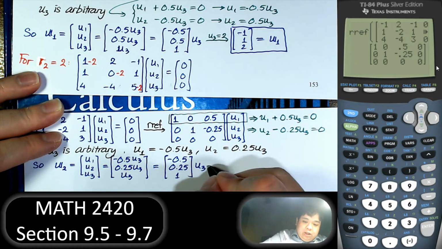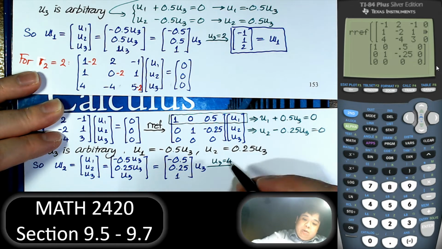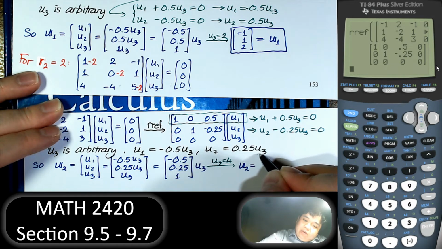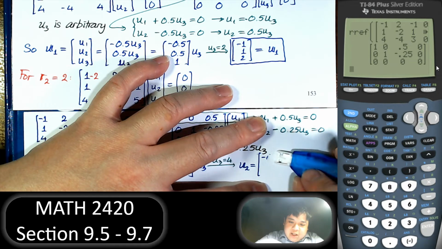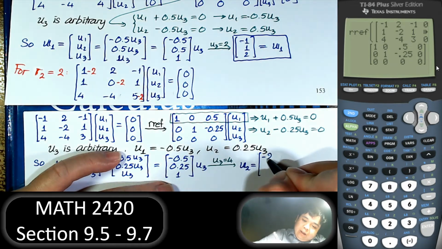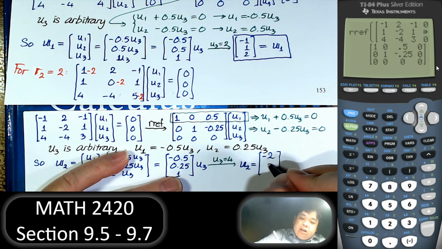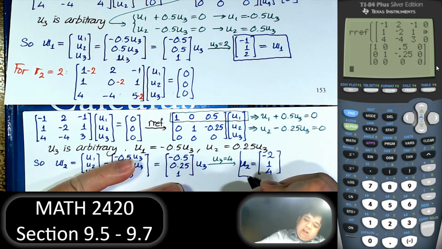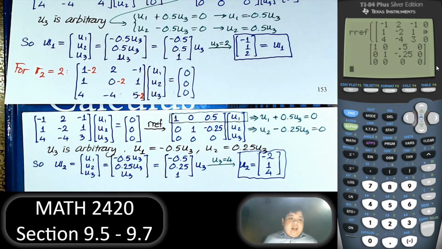And if I choose U3 to be 4 times this, it's going to be 1. So I don't want to deal with any fraction. So U1 is going to be equal to negative 0.5. 4 times 0.5 is negative 2. Negative 2. 4 times 0.25, 1. 4 times 1, 4. So this is the eigenvector corresponding to the second eigenvalue.